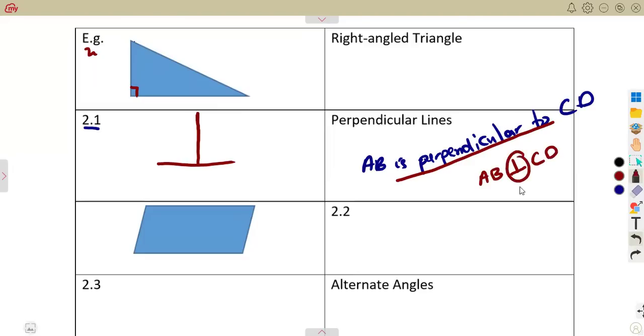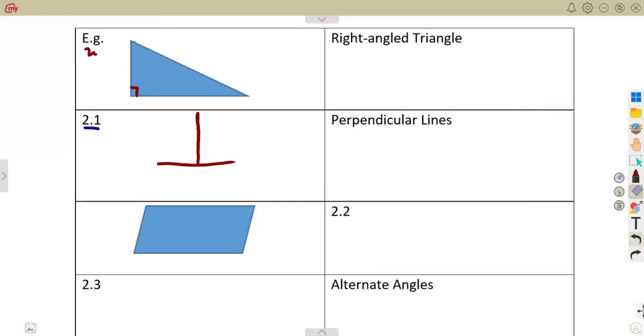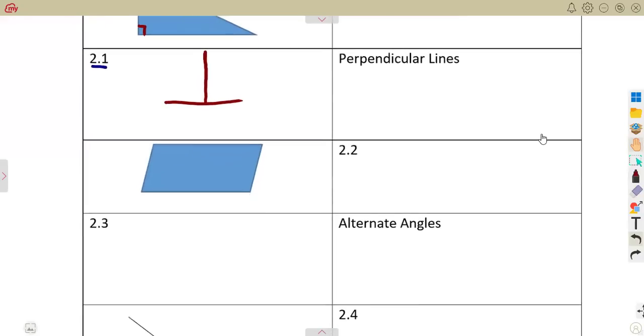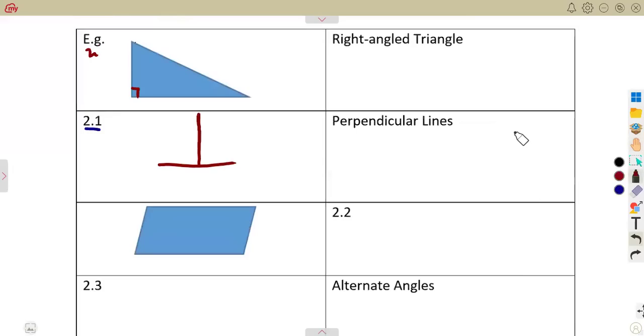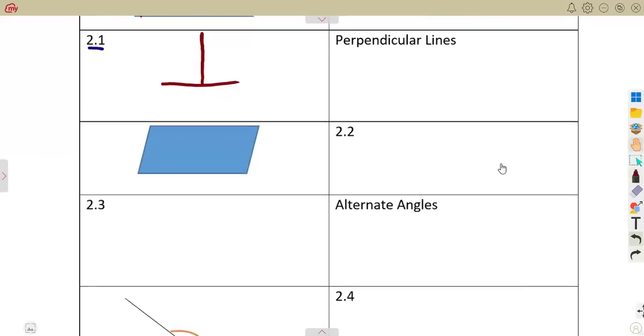So this indication is for perpendicular lines. Parallel lines, you indicate like this. That is what they wanted you to simply indicate: how do we see that lines are perpendicular? You can even just indicate two lines like this, then you put a 90 degrees. It's still one and the same thing. You are still showing that the lines are perpendicular.